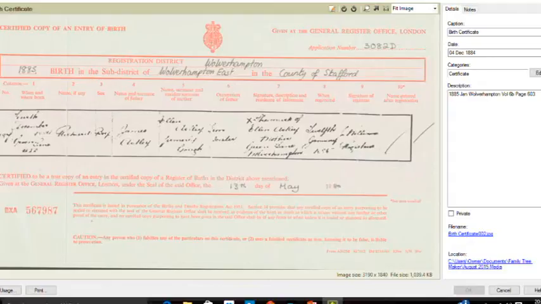In particular, I found out a great deal about the Goughs because they were a very large family, and there are lots of their descendants who, fortunately for me, are very keen researchers of their own family.